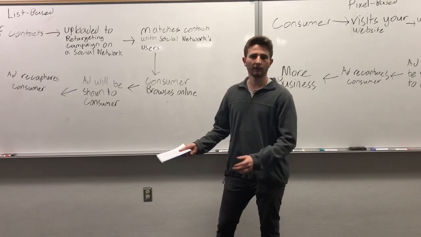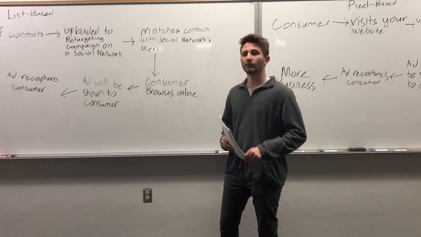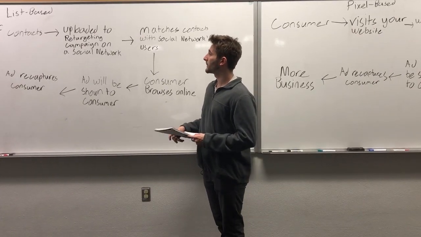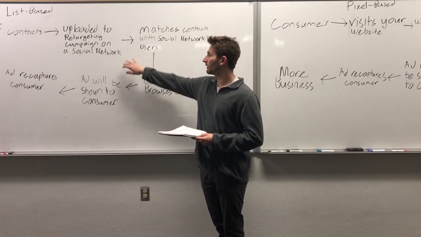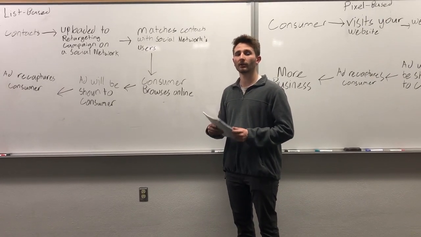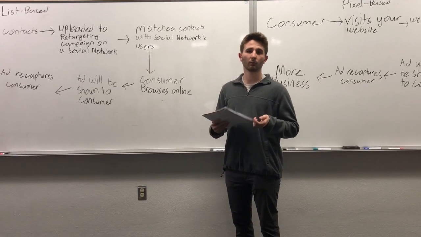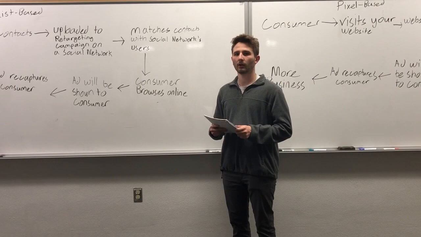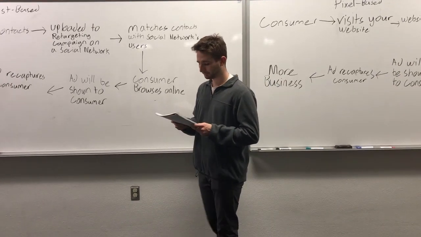If you didn't generate them from your social media, you can get them from in store, and when you upload it to the retargeting campaign, it will find a lot of those same emails on the website. Some people won't necessarily have the same. However, there's a lot of situations where they do match up.